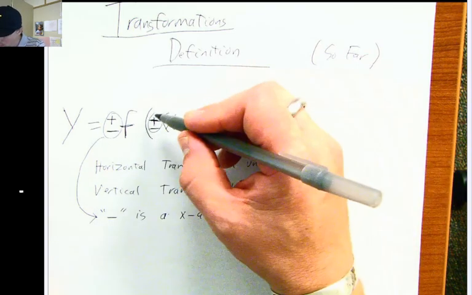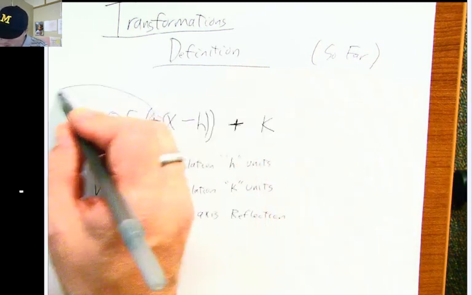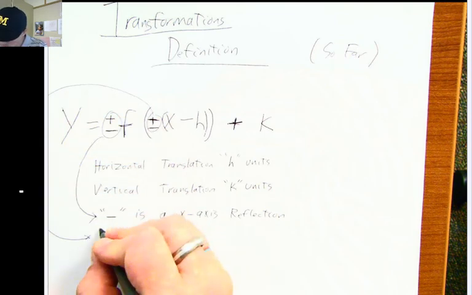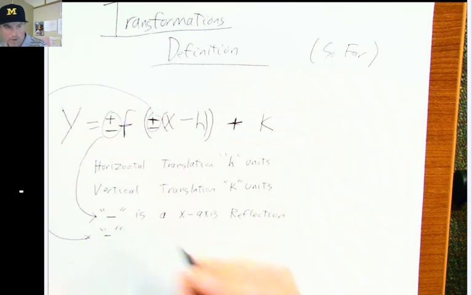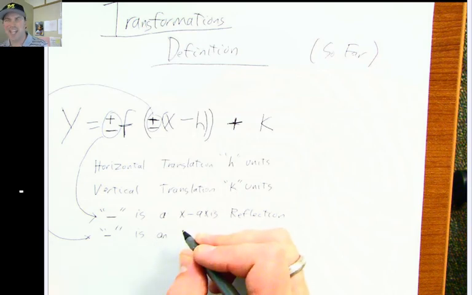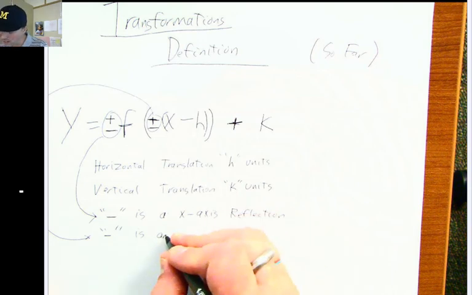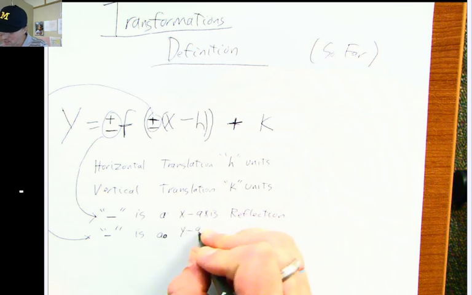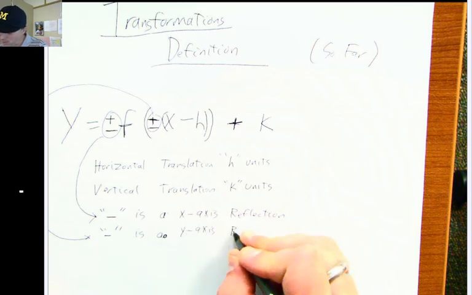And then in this case, a negative is a y-axis reflection.